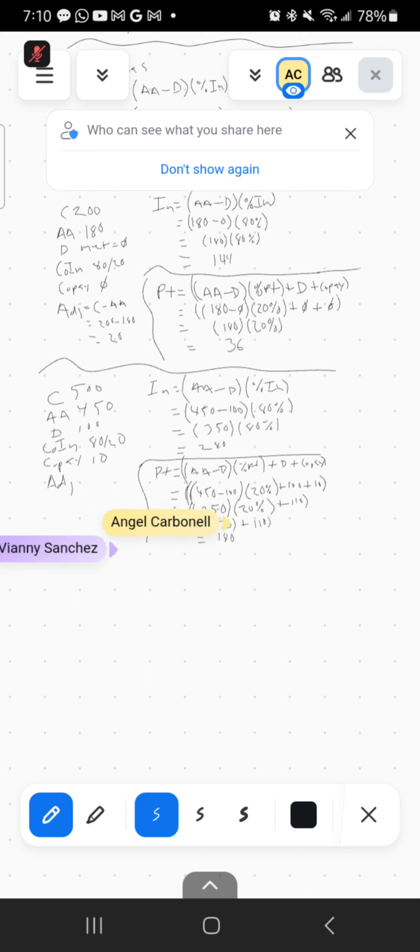But I will help you. I'll do exactly what you did. She says, why are we taking it out here? And then why are we adding it back here? So the reason for that is that the percentage that the patient has to pay cannot be on top of what they have to pay anyways. So if you have to pay the deductible, then why would I charge you 20% of that deductible again?